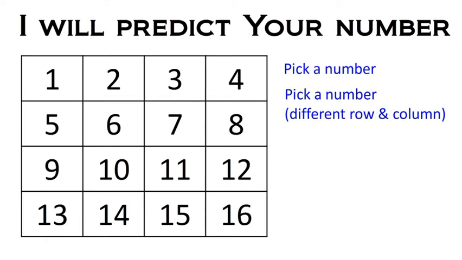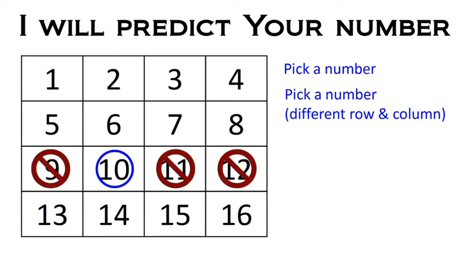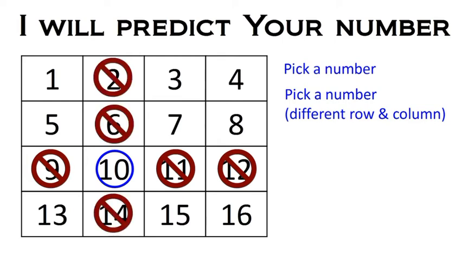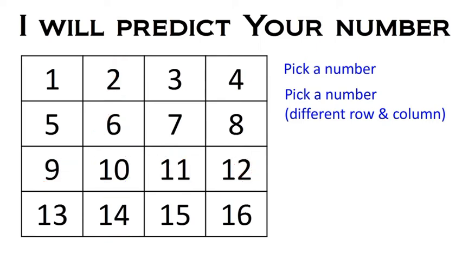For example, if you picked a number 10 as your first number, the next number you pick should not be in the same row and should not be in the same column. But you can pick any of the remaining numbers. Remember, first number you picked and second number you picked.